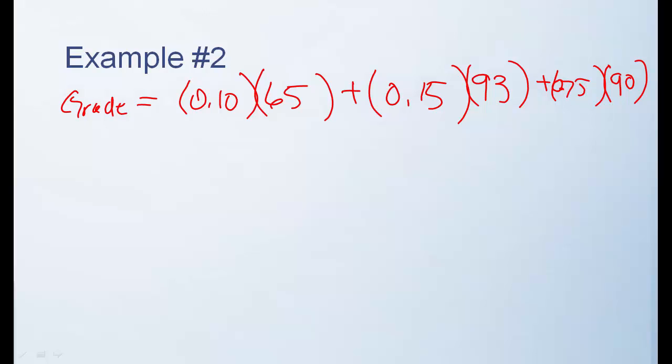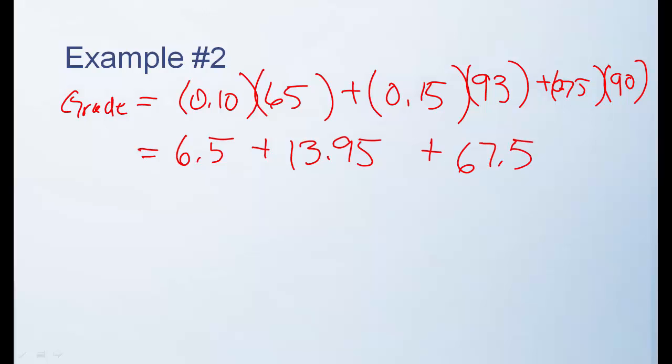When you compute this grade here that Joe got, when you work this out, you end up with 6.5 for this component, and then 13.95 for this component, and 67.5 for this component.